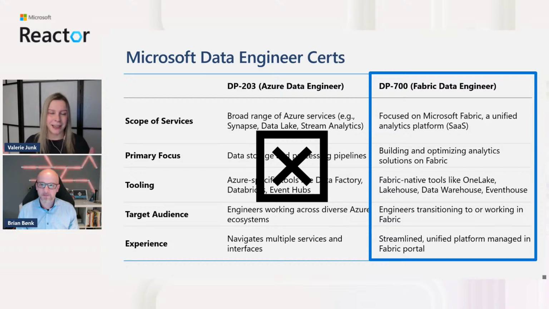That doesn't mean that everything you've learned for DP-203 isn't valid anymore, but we will move forward with Fabric. So it's good to know DP-203, even though it will retire. If you know 203 and have that today, the path to DP-700 level is not as big as if you have nothing. Exactly, you can use a lot of it.